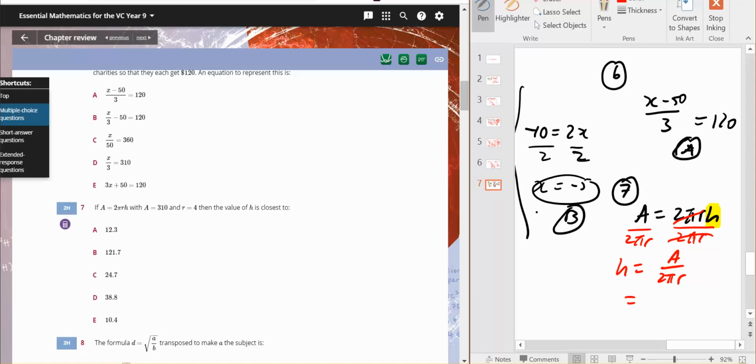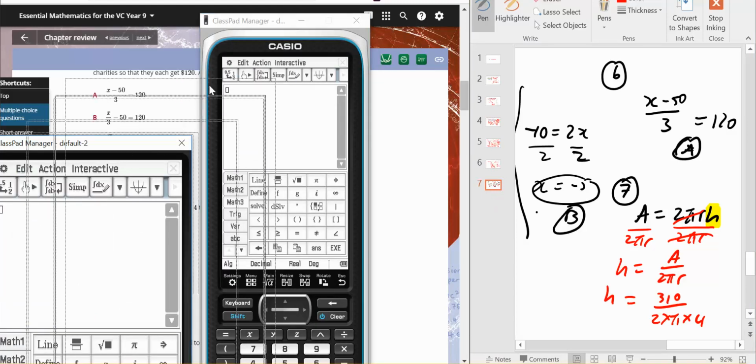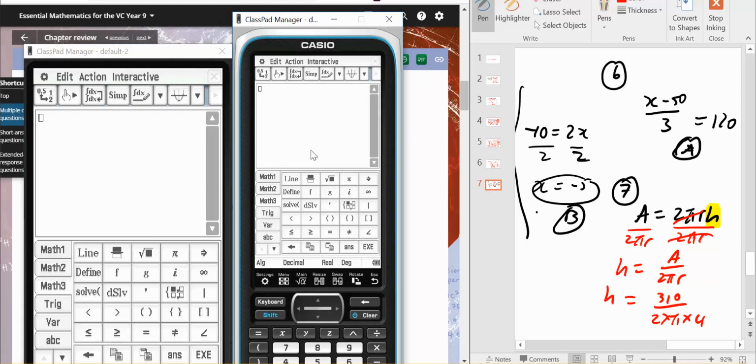Now it says to substitute certain values. My A is 310, we have a 2, we have a pi, which is a number on the calculator, and r is 4. So I'm going to enter this on my CAS. I've got a fancy CAS, so don't be put off that it's different to yours. I enter 310 divided by, in brackets, 2 pi times 4.